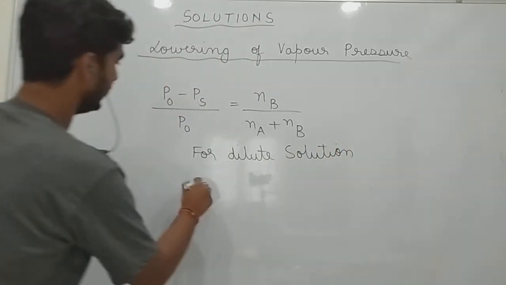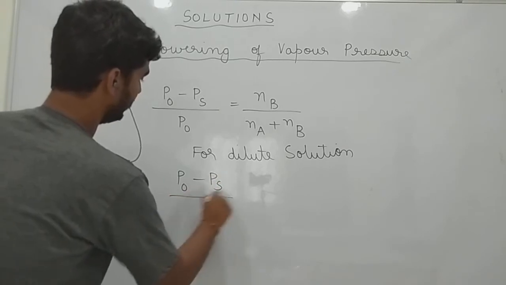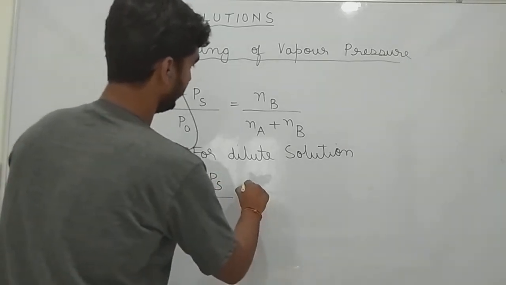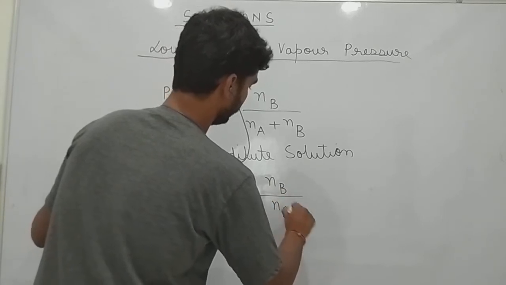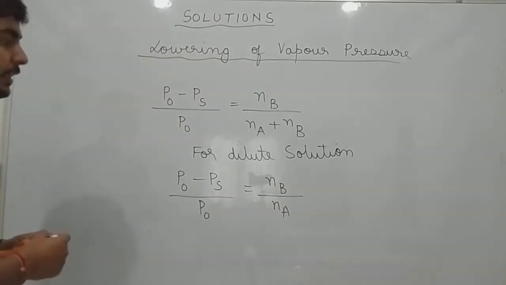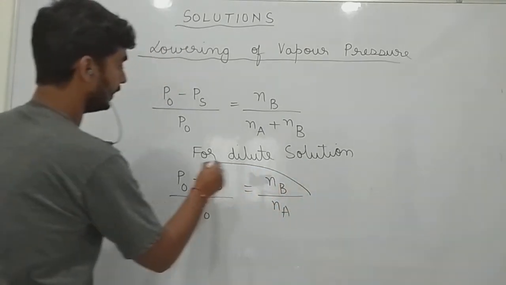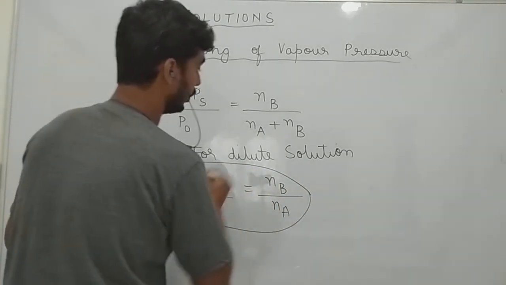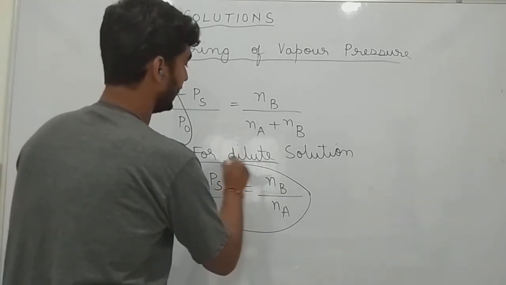So for dilute solution, the expression can be written as P naught minus Ps divided by P naught, that is relative lowering in vapor pressure, is equal to Nb by Na, that is number of moles of solute divided by number of moles of solvent in the solution. But remember one thing, this is not a general formula. This is the formula when we are talking about very dilute solution.